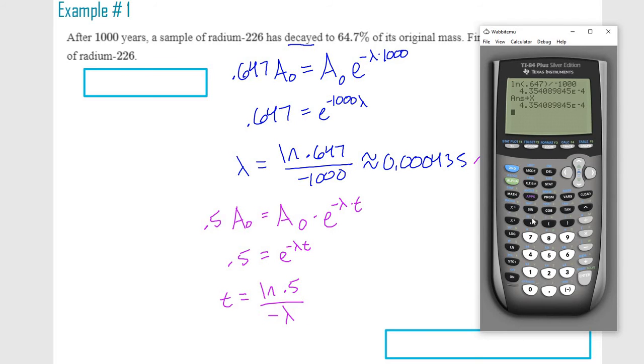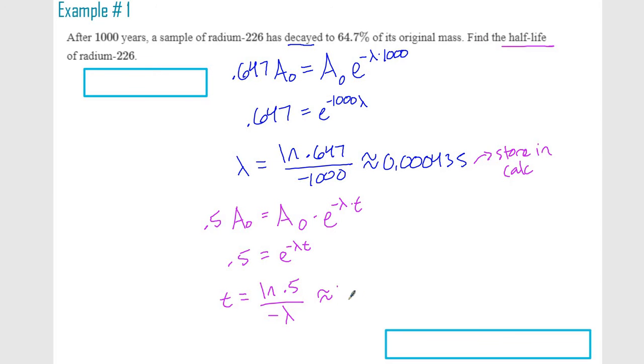So now to solve this next part, we do the natural log of 0.5. And then I could just divide by negative that answer, or use my alpha, negative x. And so now I get 1591.94. So the half-life would be 1,592 years.